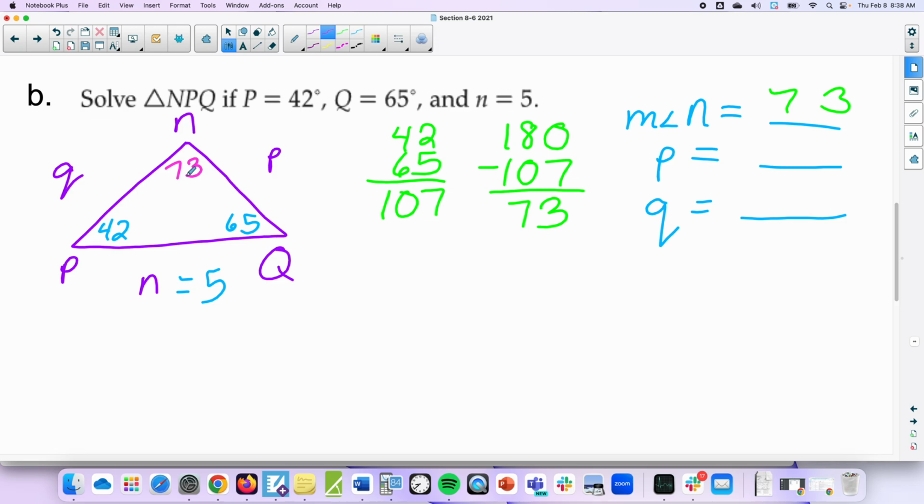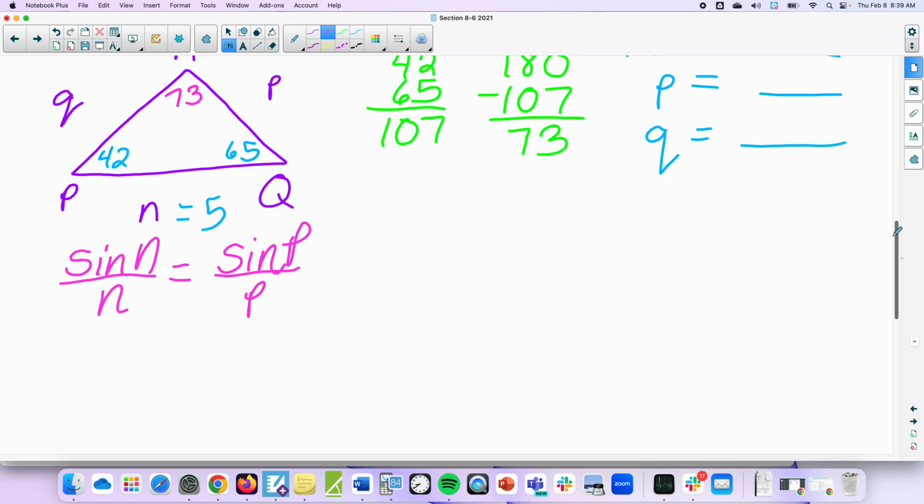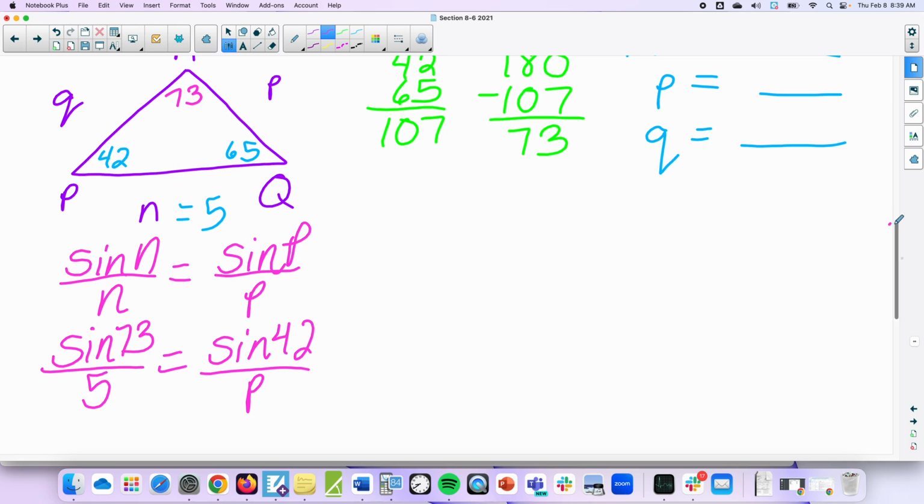You always have to know an angle and its opposite side. And in this one, once I find angle N, I would be able to do sine of N over little n, and then I can do P maybe first, sine of P over little p. So when I substitute in, I get sine of 73 over 5 equals sine of 42 over p.